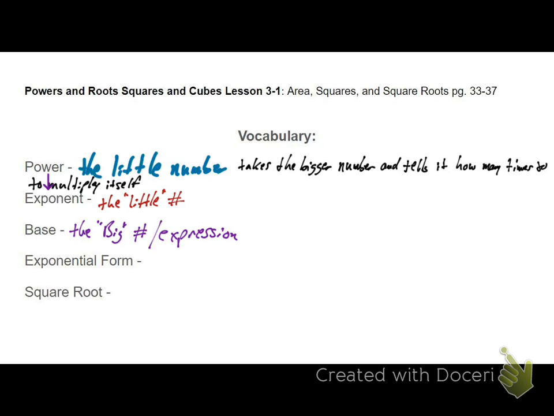So I don't want you to always think of the base as being the bigger number. Sometimes it's going to be that x plus 2. Don't worry, we'll talk about what that means later, and what you do with that overall to get the new expression out of that.